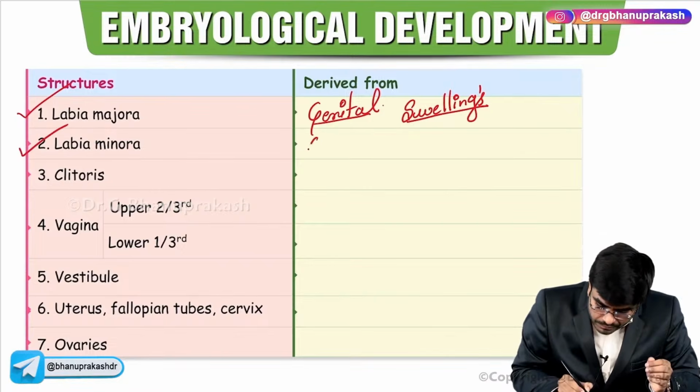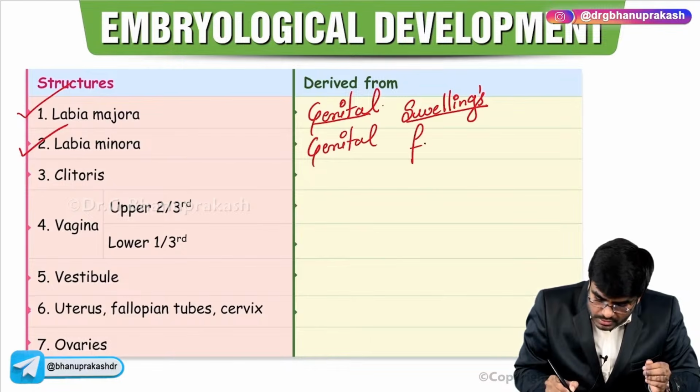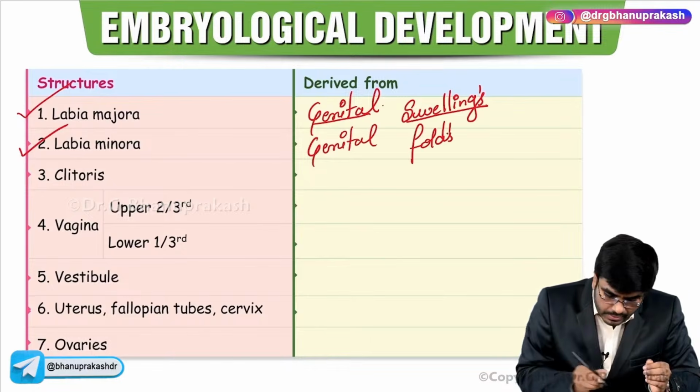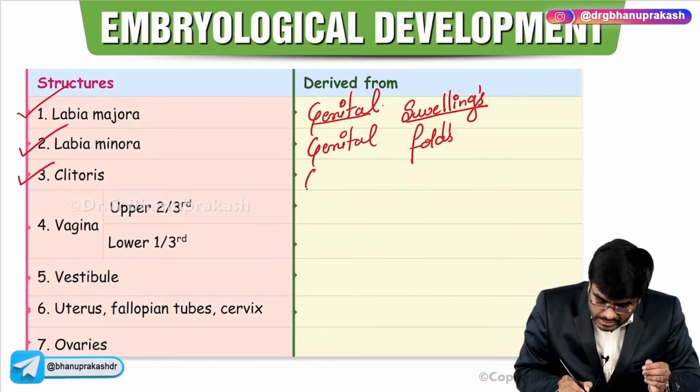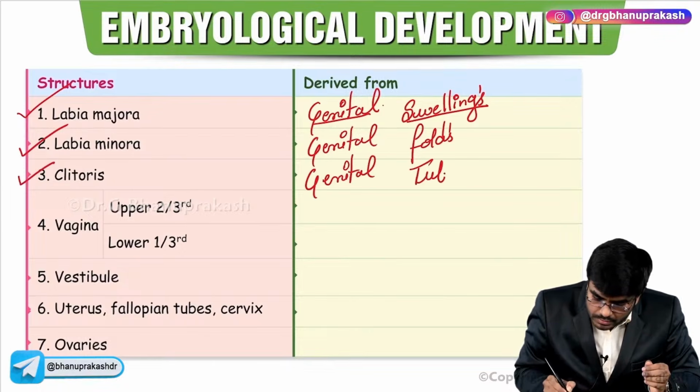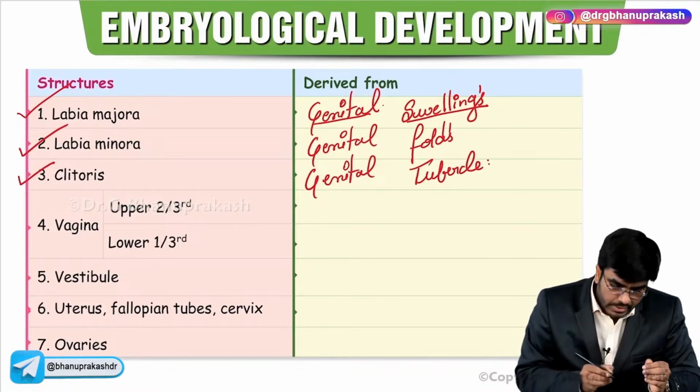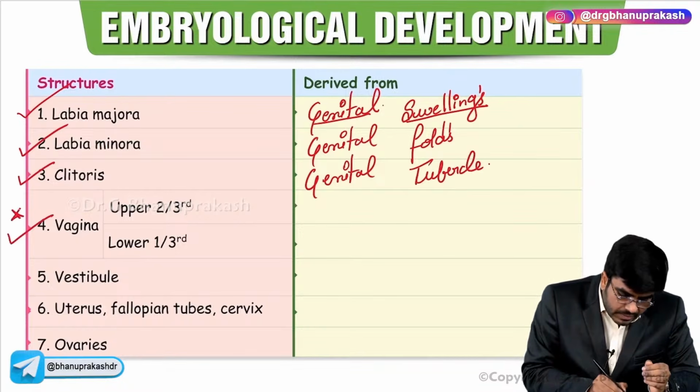Labia minora have developed from genital folds. Okay, clitoris derived from genital tubercle.